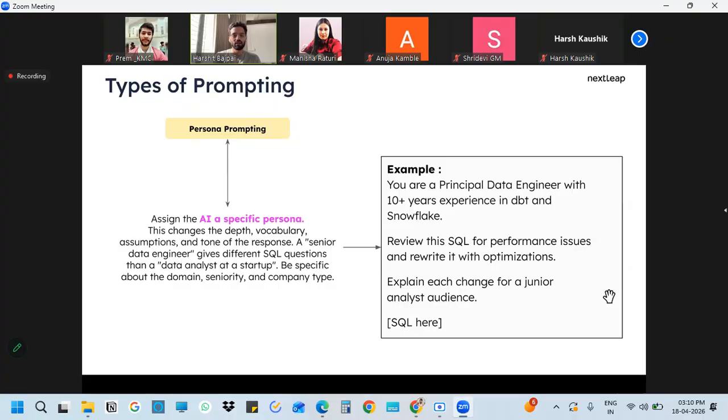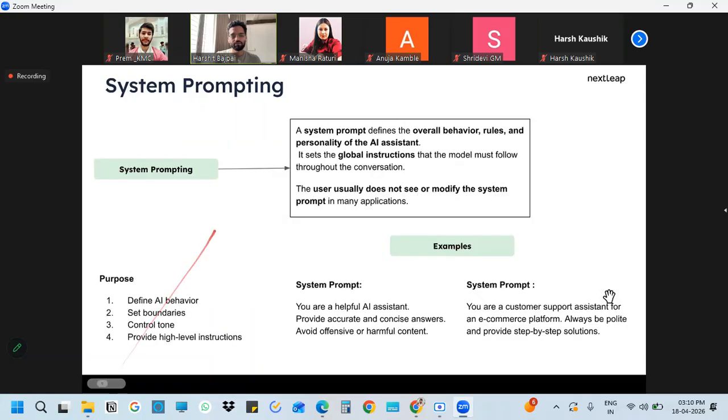There will be an extreme difference in terms of depth, in terms of clarity, etc. So in persona prompting, there are many types of persona. We'll start one by one. This is system prompting.